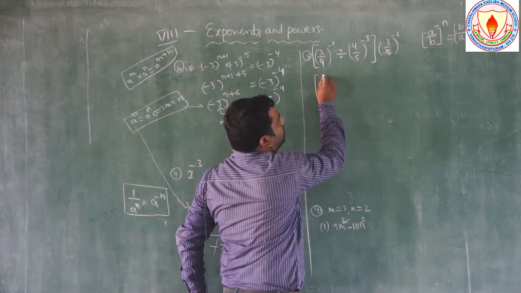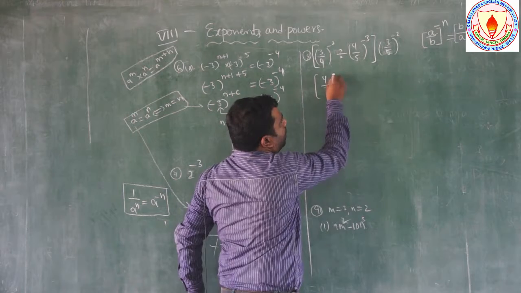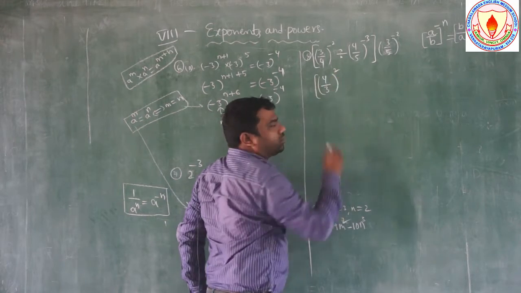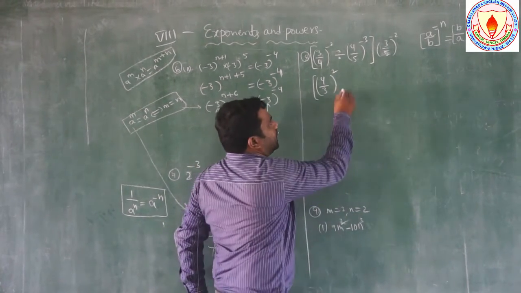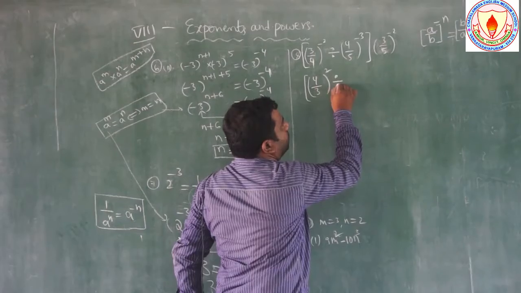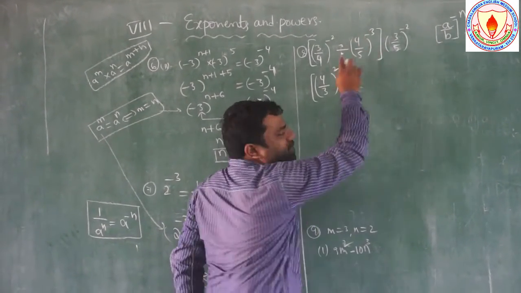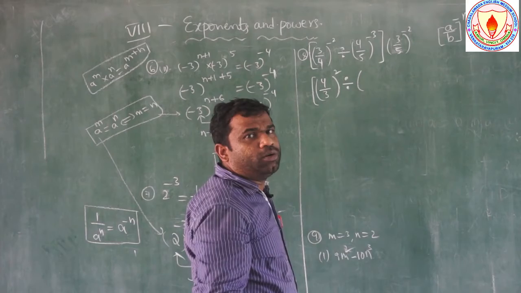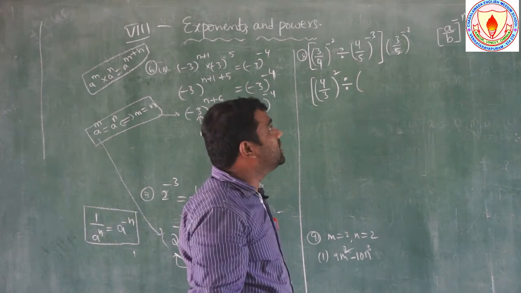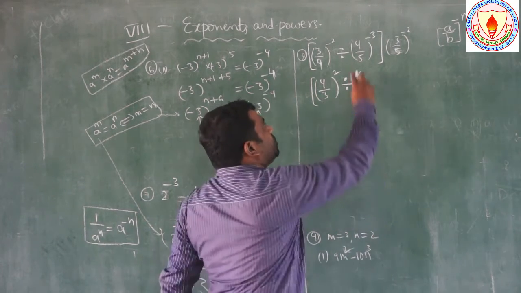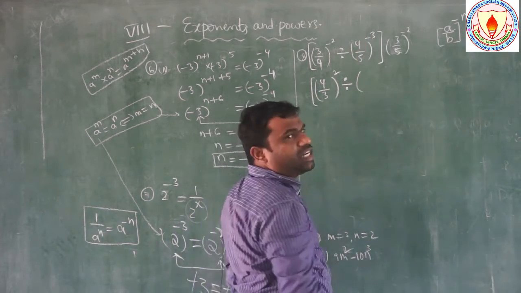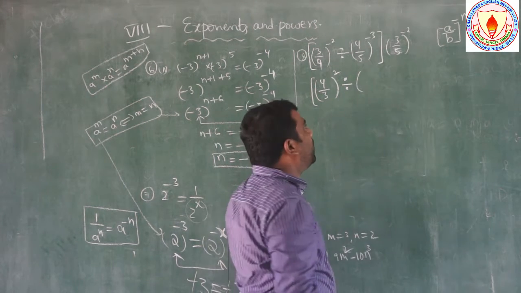In the same manner, just reciprocal it. 3 by 4 means 4 by 3 whole power 2. Division. 4 by 5 whole power minus 3. I want to nullify the minus 3, which means change the numerator as denominator and denominator as numerator.